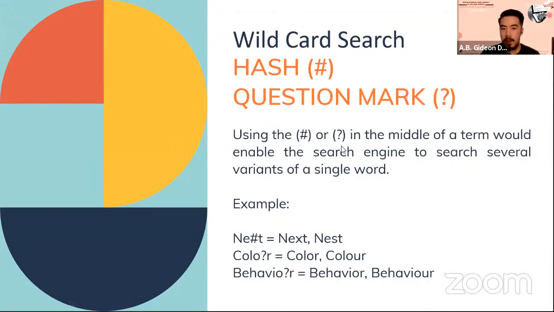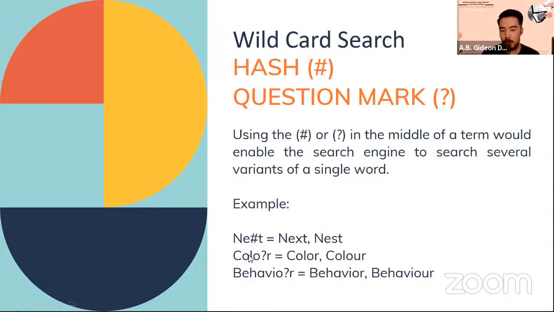Okay, so our next one is the wildcard search. Usually it involves the use of the hash or the question mark. Basically, it would prompt the search engine to provide resources that would have variations in spelling, right? Let's take a look at the word color, for example.